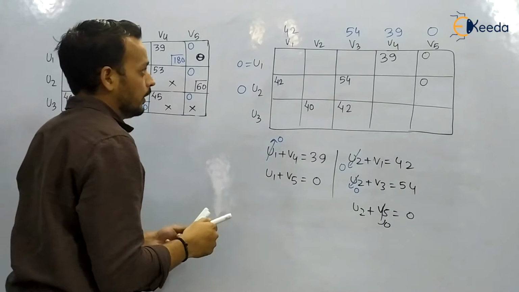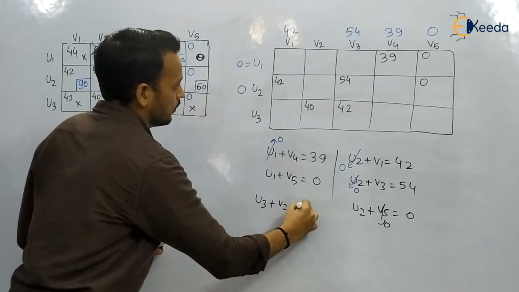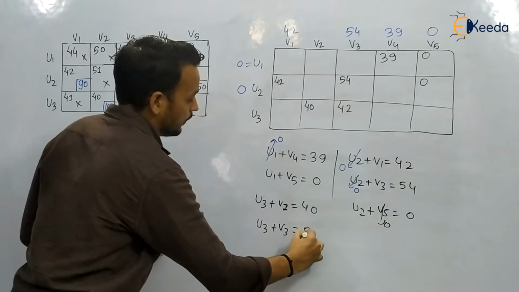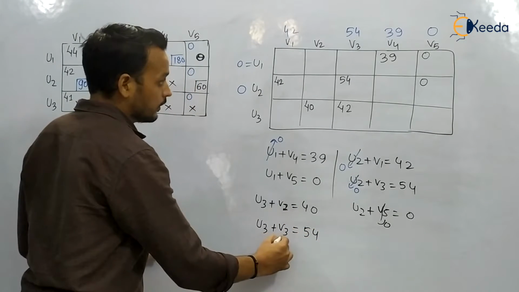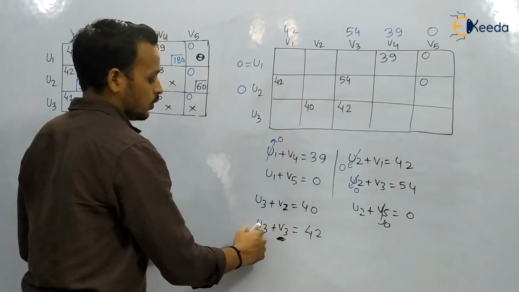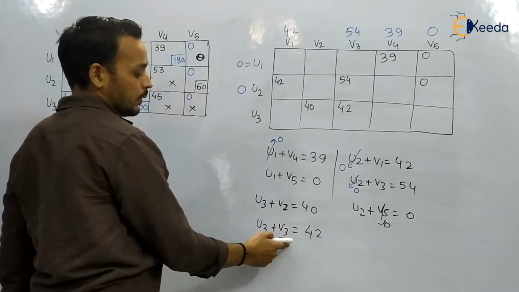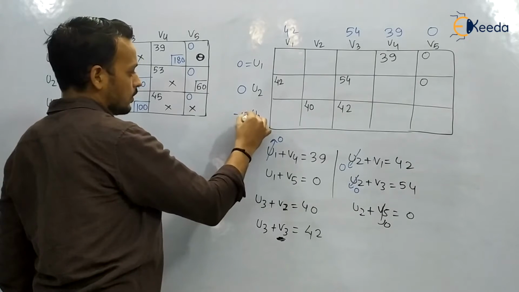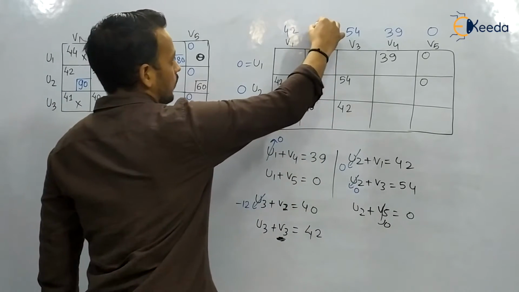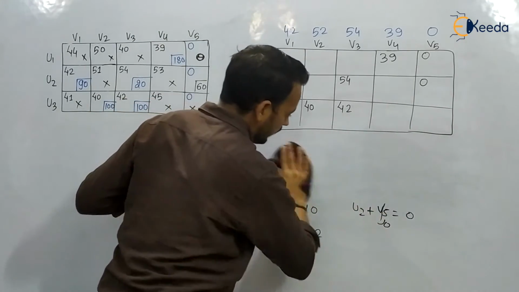Now for u3 and v2, u3 plus v2 is 40 and u3 plus v3 is 54. Since v3 is 54, you will get u3 as minus 12. Put minus 12 here, so it is going to be 52. So we have found the values of u and v.